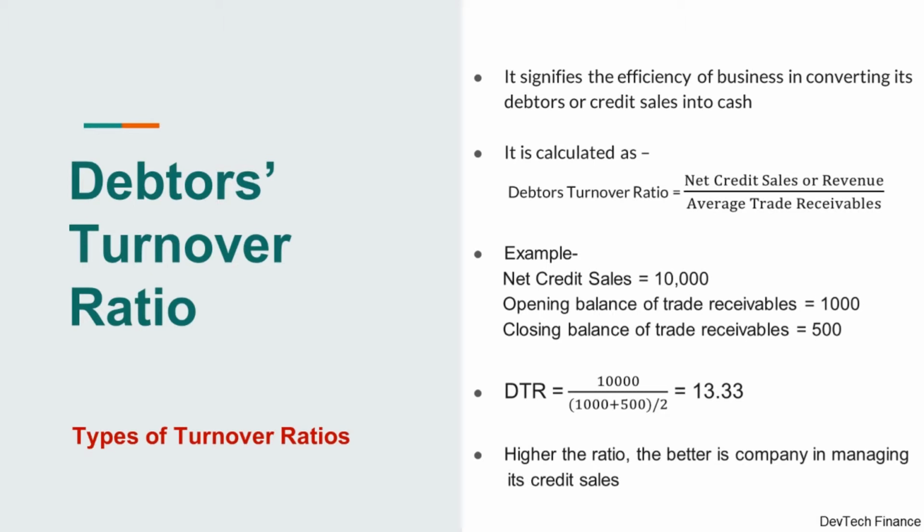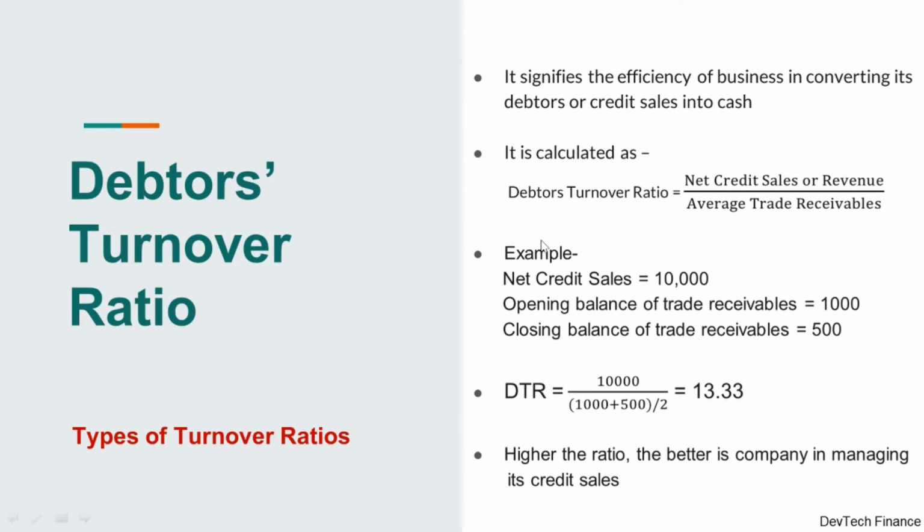Credit sales become important, and when businesses make credit sales, it generates current assets as debtors or account receivables, which it has to recover in the form of cash in a shorter period of time. So the debtors turnover ratio indicates how efficient the business is in converting its current assets, which are the debtors or account receivables, into cash.